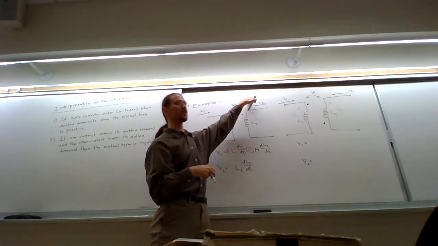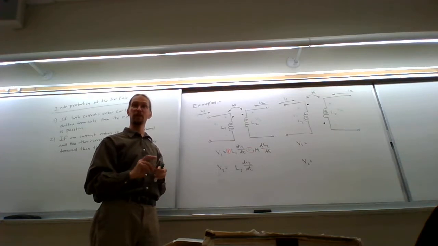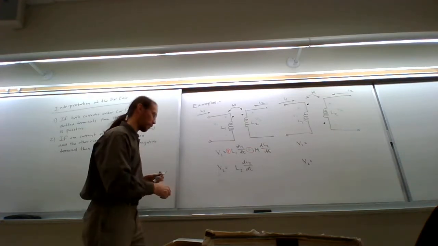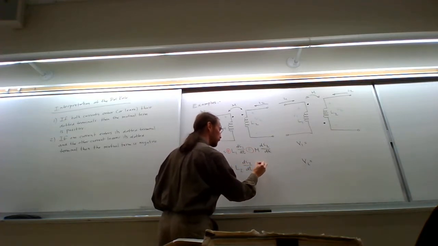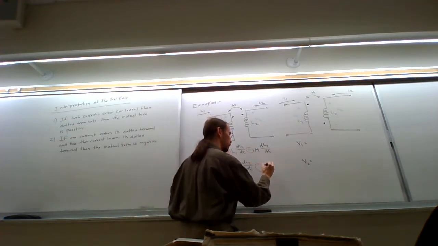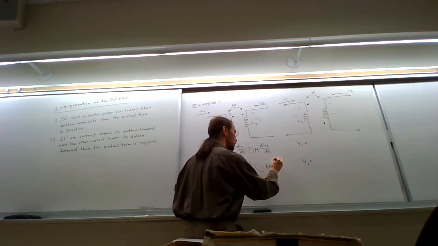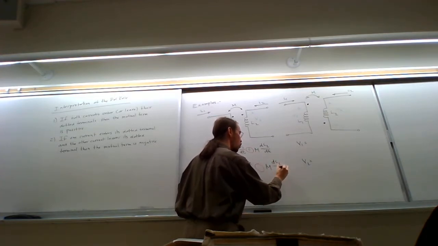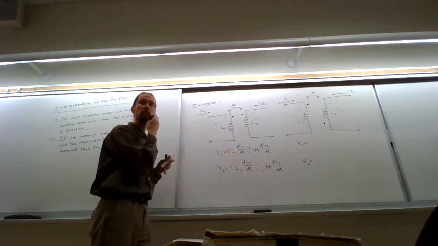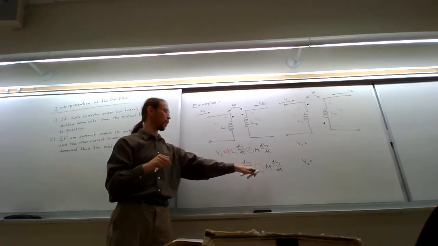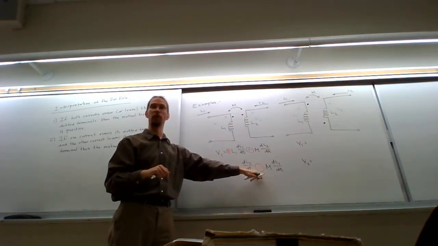Notice that the voltage here has been defined in such a way that the current is going in the direction of the voltage drop. So here, this is positive. There is a mutual term, which is a mutual inductance times di1 dt, because this current over here is producing a magnetic field there. Question is, well, what's the sign on this mutual term?